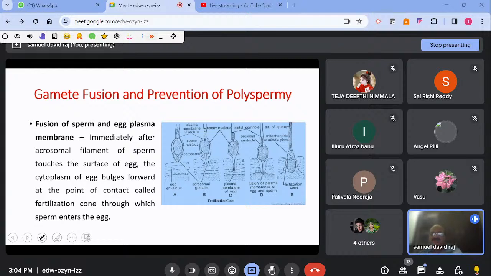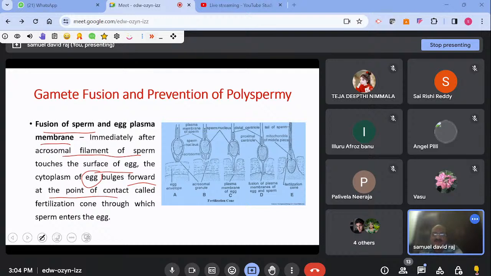First of all, fusion of the sperm and egg plasma membrane takes place. Immediately after the acrosomal process of the sperm touches the surface of the egg, the cytoplasm of the egg bulges forward where the sperm has contacted.